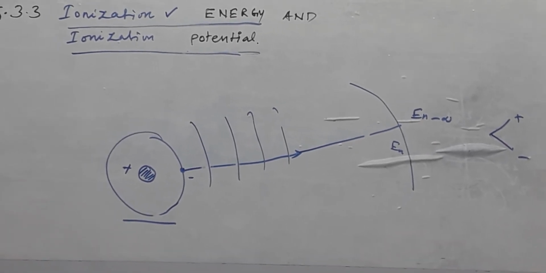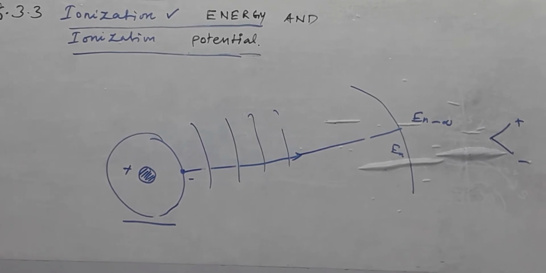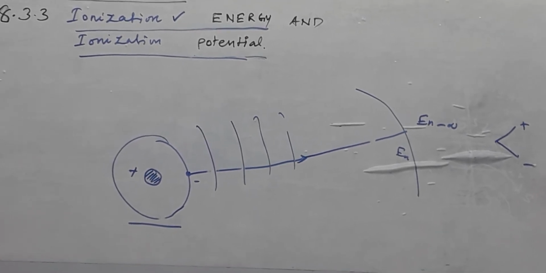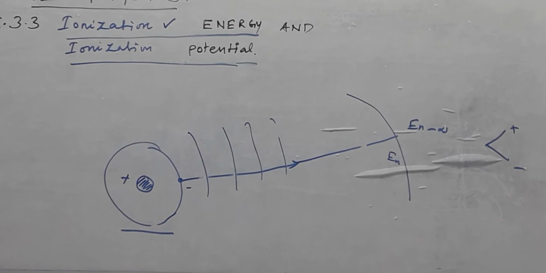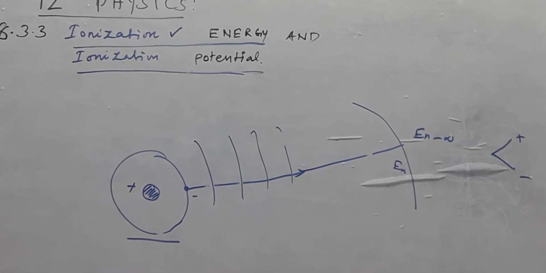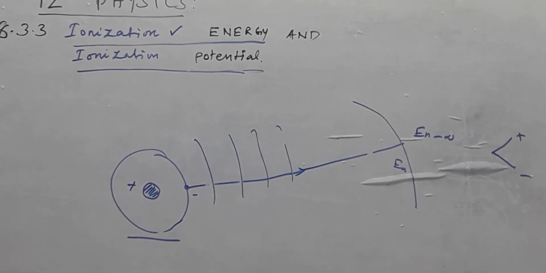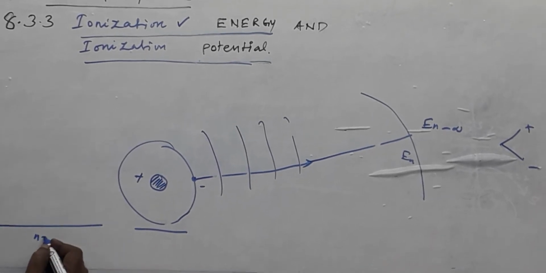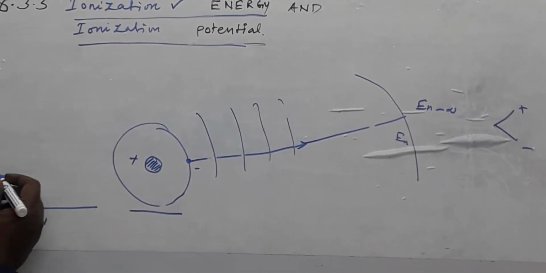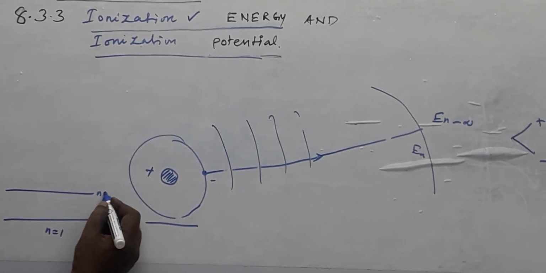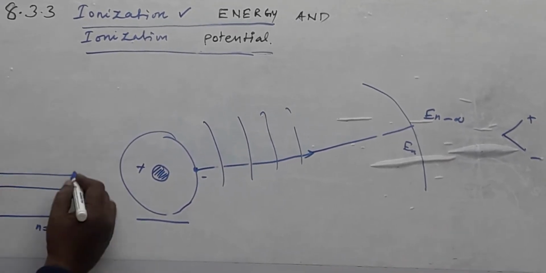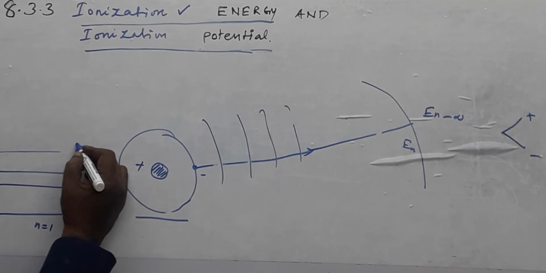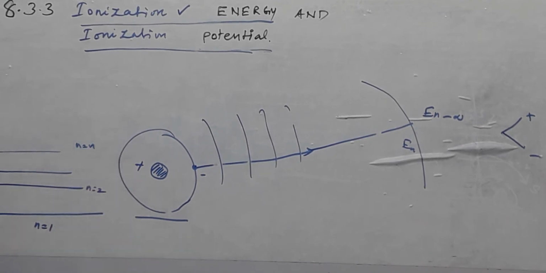Now, the minimum energy required to remove an electron from an atom in the ground state is known as binding energy. Suppose you consider n equal to 1, or n equal to 2, up to n equal to n.